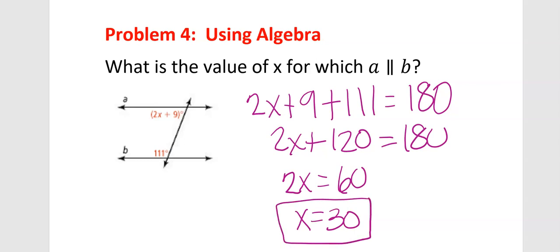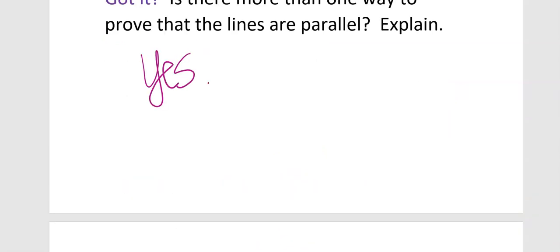If x was 30, that would force those angles into being supplementary, and we know that there's a converse of the same side interior angle theorem that would make those lines parallel. So here you don't have to give reasons, even though you're looking at the kinds of angles and making them parallel.